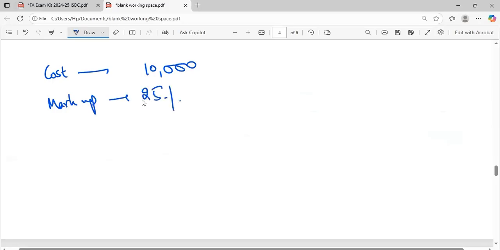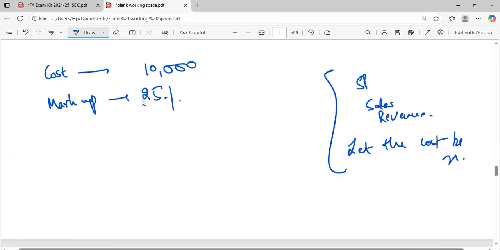So now we have to calculate the selling price. See, in all the previous questions which we have done till now, they had given us the selling price, which was the sales revenue. Okay, that's why we used to calculate it by letting the cost be X. But now in this question, we have been directly given the cost and we have to find the selling price or the sales revenue.